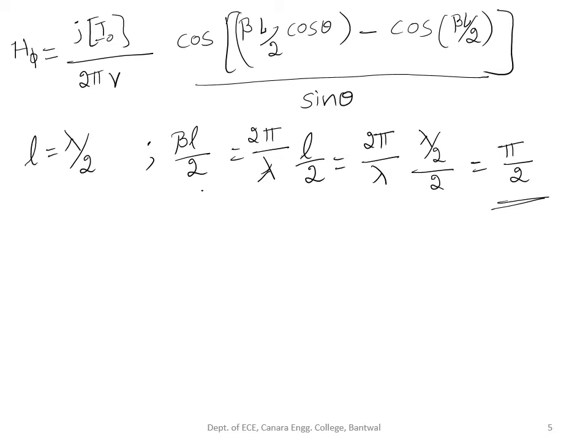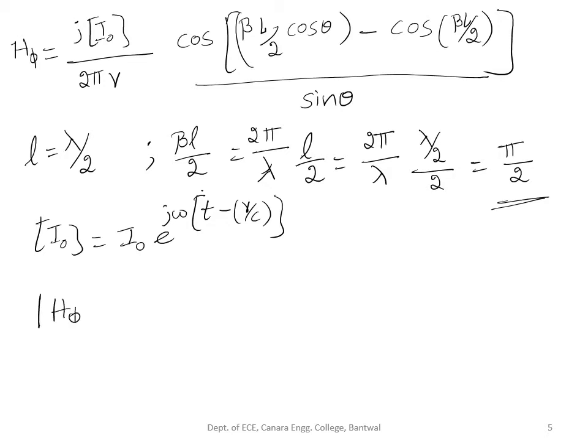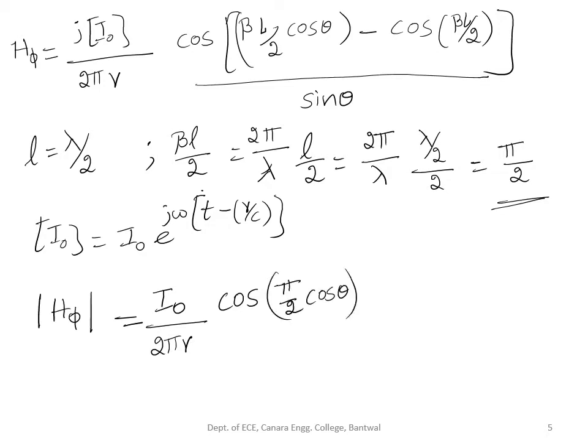Therefore, the absolute value of H phi is equal to I naught divided by 2 pi r times cos of pi by 2 cos theta minus cos of pi by 2, which is 0, divided by sin theta.